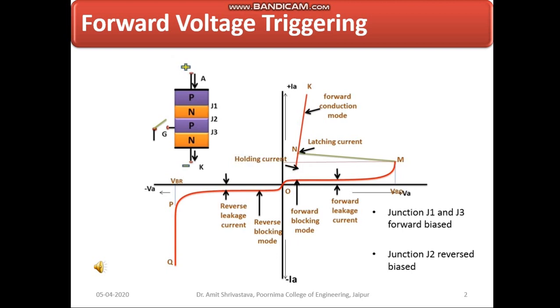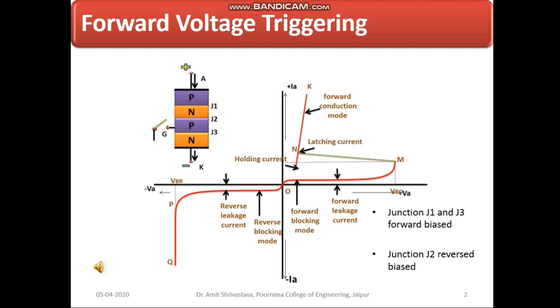In this method, a forward voltage is applied between anode and cathode with gate circuit open. Junction J2 is reverse biased. As a result, a depletion layer is formed across junction J2. The width of this layer decreases with an increase in anode cathode voltage.